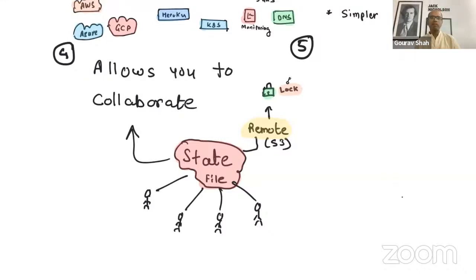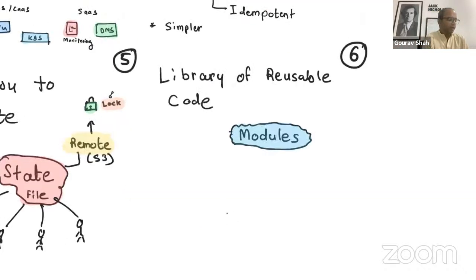So it will help you collaborate with others, without creating conflicts and situations where you're rewriting the state that somebody is changing and vice versa, right? So remote state management is one of the unique features of Terraform.